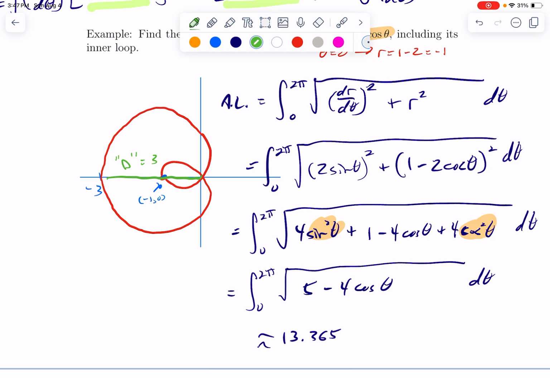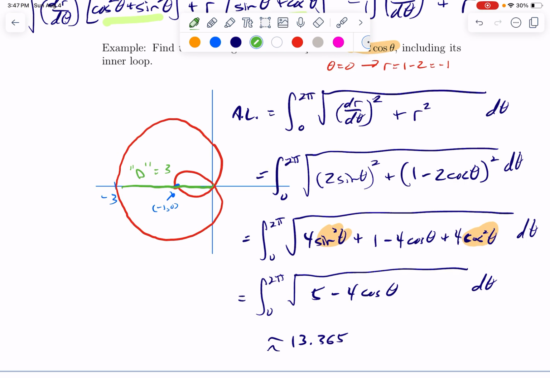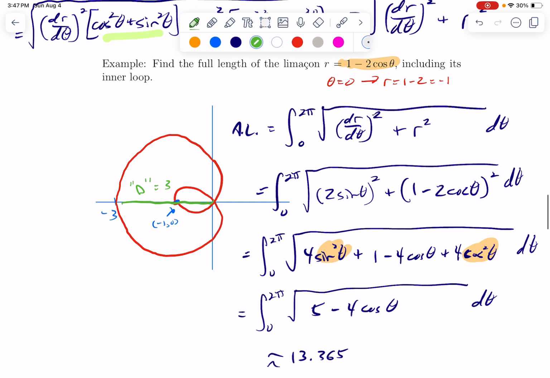So if that were a circle, its circumference would be 3 pi, which is 9-ish. So the outer part feels like it should be around 9 or 10. The inner part feels like it should be around 3. This is a very plausible number. We would never know for sure without doing the calculation, but this is not an answer you should be suspicious about.